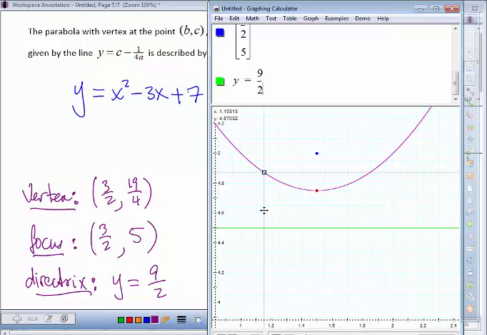Can't really show that without computing it, but we'll just leave it at that.